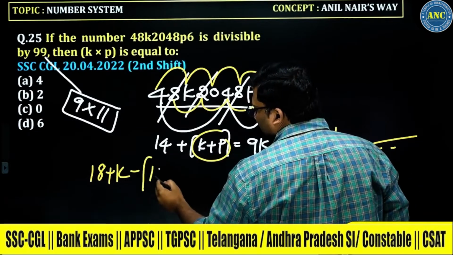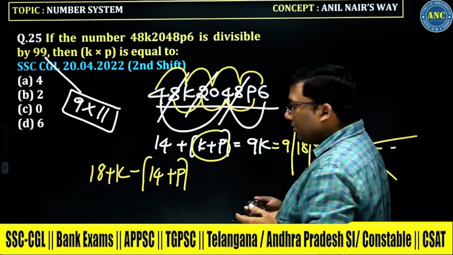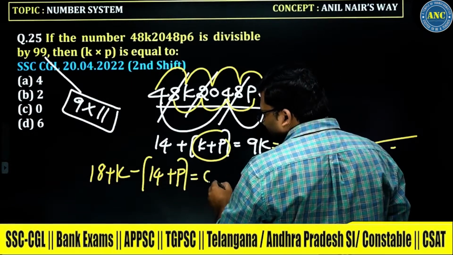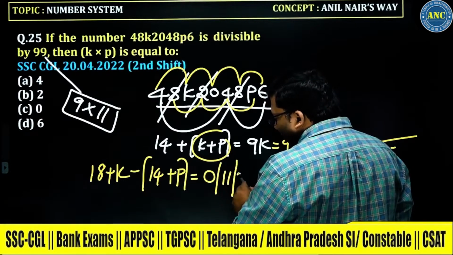It is 14 plus P. The difference should be either 0 or a multiple of 11.